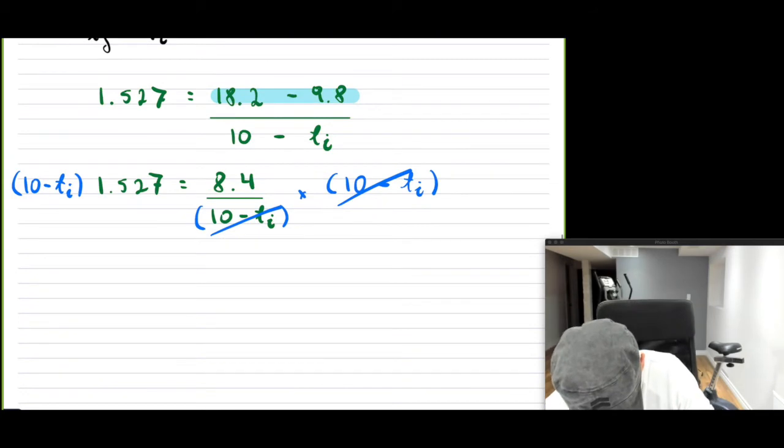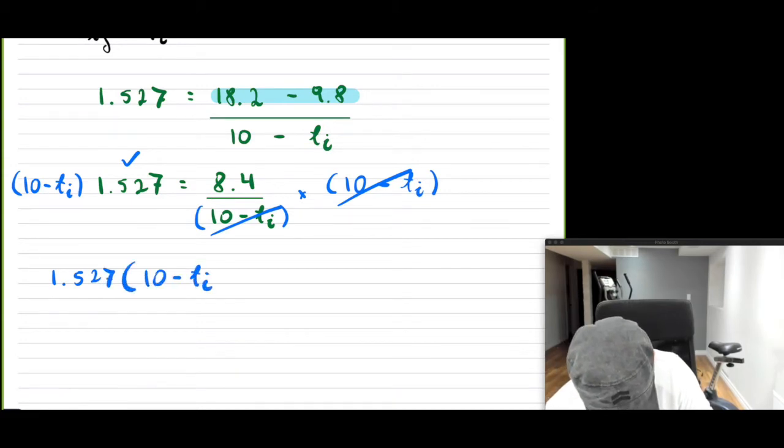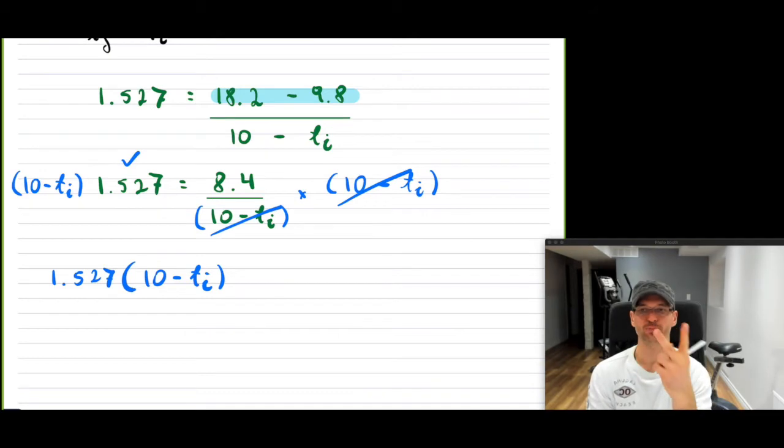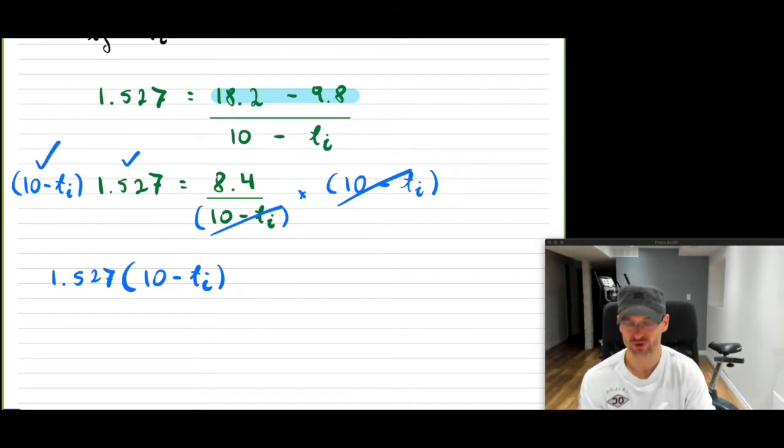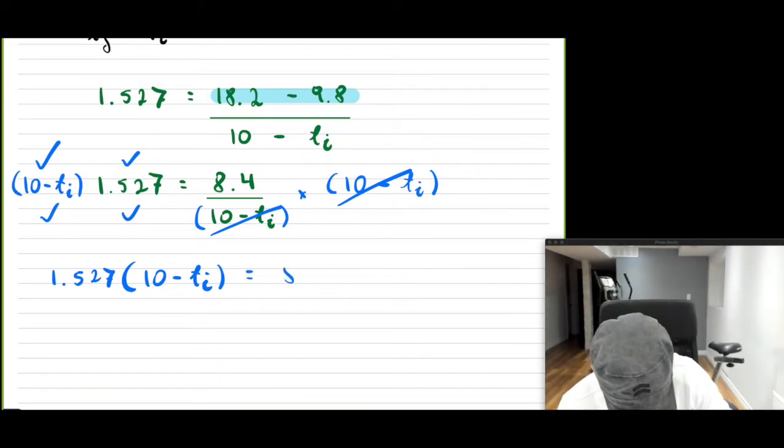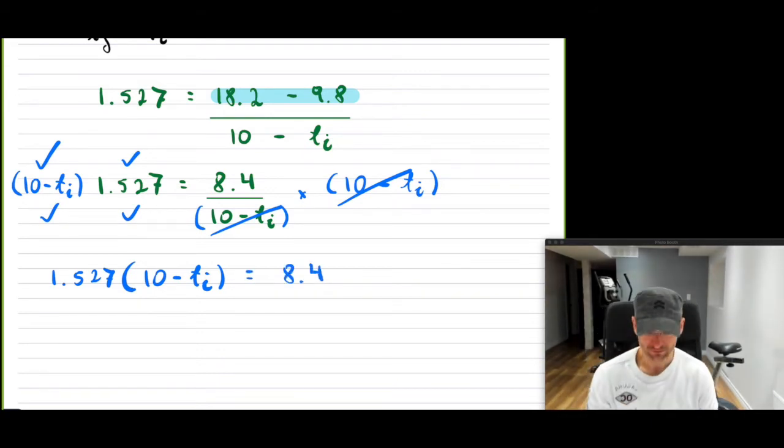And here, what I have is, I'm going to write this as 1.527 multiplied by 10 minus TI. Again, the order of the multiplication doesn't matter. This is 8.4, and now I am solving for TI.